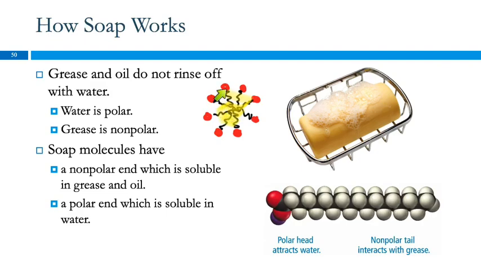And so the nonpolar ends of the soap molecules will get in there and mix with the grease. The polar ends don't like the grease, and so they're like, I'm going to stay out of there. They're going to surround it a little bit like, in the old days, circling the wagons to defend against marauders. Circle the wagons. So we're protecting the grease in here, and then we've got this polar head on the outside, and this is going to make a small micelle, a little globule, very, very small.